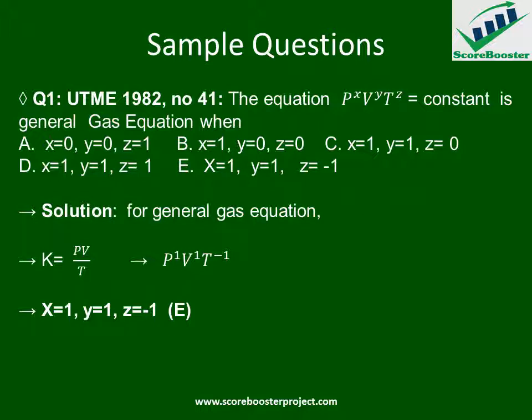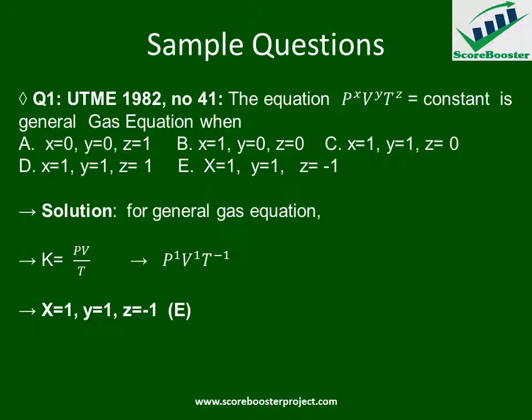Now on to the solution. You have to recall that for the general gas equation, we have the constant to be K equals PV over T. So since P and V are numerator here, they are going to have power of +1. T, that is denominator, will have power of -1.